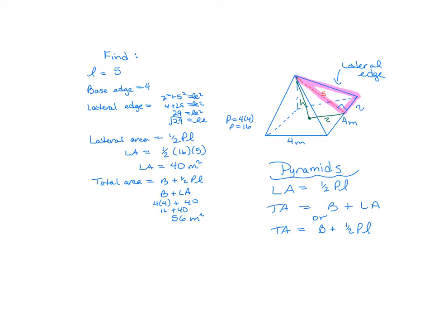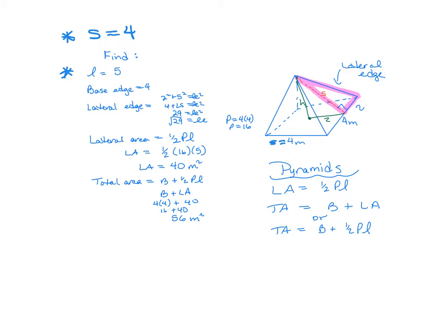Let's say I gave you the side length of the square, it's a 4, and this time I gave you the slant height. So starting out, I told you the side length of the base is 4, and I gave you the lateral height.